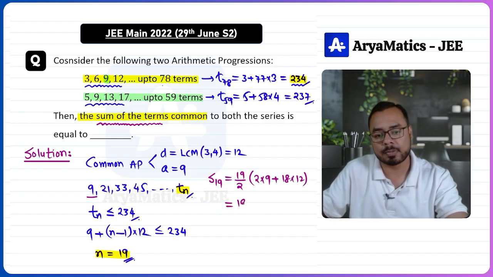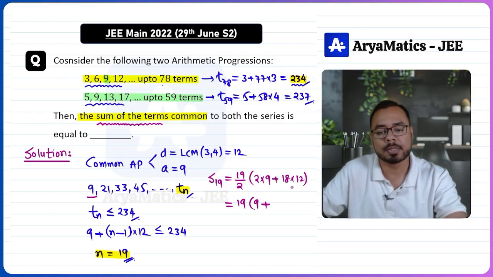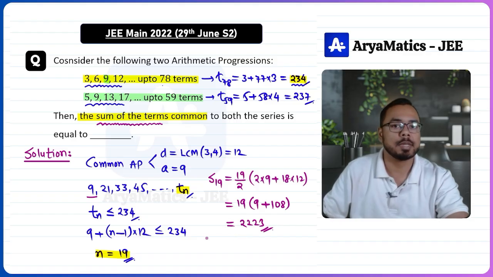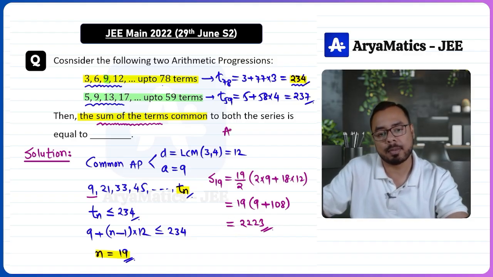From here you can see that this will become 19, and 2 you can cancel. So this will be 19 plus 12 into 9, that is 108. So 118 multiplied by 19. You can do this calculation. After calculation, you will find that this will be 2223. So therefore, the right answer for this problem will be 2223, right?